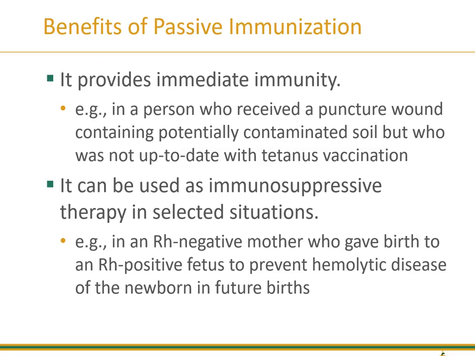We can give them these monoclonal antibodies or this antitoxin to protect them immediately. But it's a passive immunity, so it does not protect them forever, just for a short period of time. That's why it's important to give vaccinations, so we have more of an active immunity that will last longer and will have memory. Passive immunity can also be used in people that are immunosuppressed.